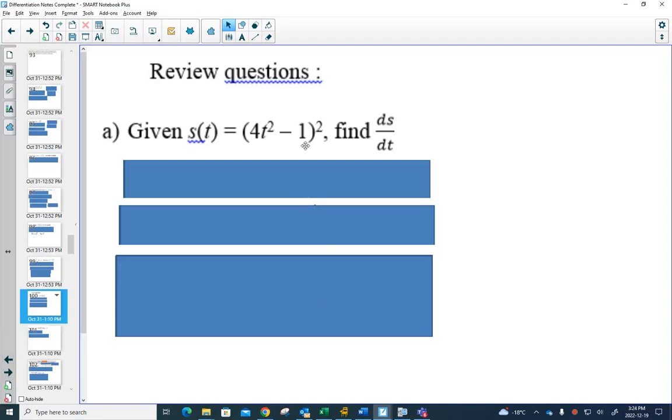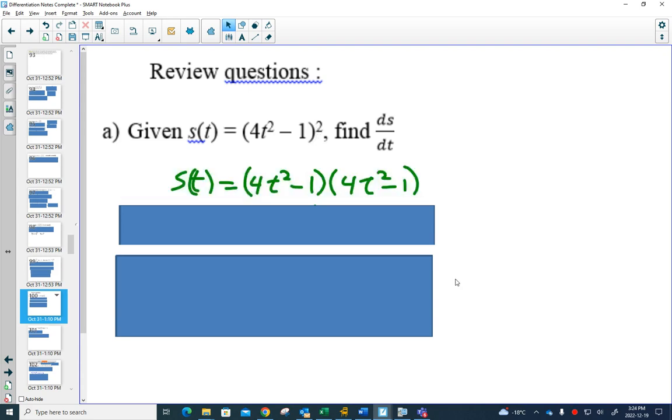Ooh, this one. We need to find the derivative. We've got the squared here. So what would you like to do with this? If you have things like this, you could either use your favorite new verb, or use your product rule.